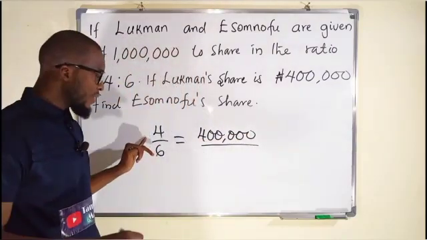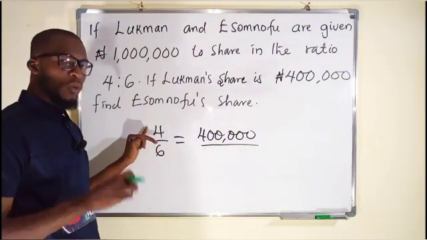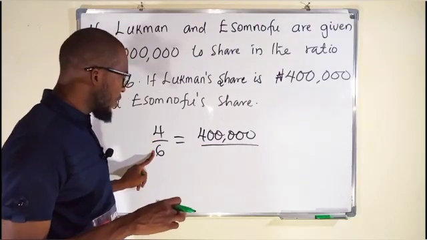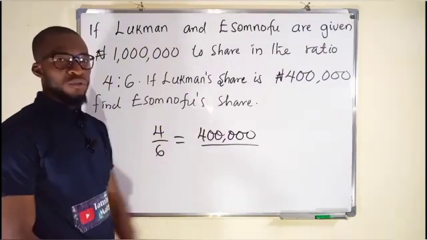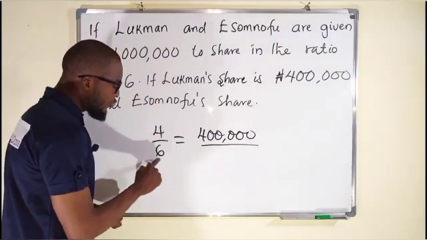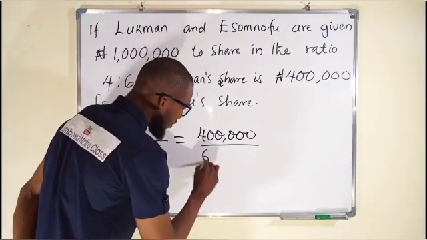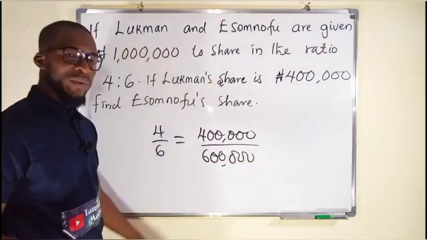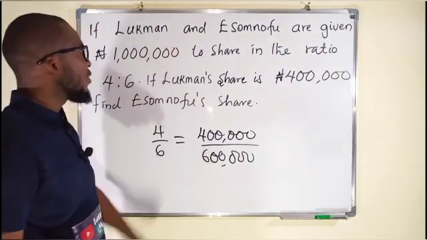In equivalent fraction, whatever number you use in multiplying the numerator will be exactly the same number you will use in multiplying the denominator. So what number must we multiply 4 with to obtain 400,000? That number must be 100,000. So we are going to use the same number to multiply 6. 6 times 100,000 is 600,000. Again, using equivalent fraction, we are able to obtain 600,000, which is the share of Esomnof.